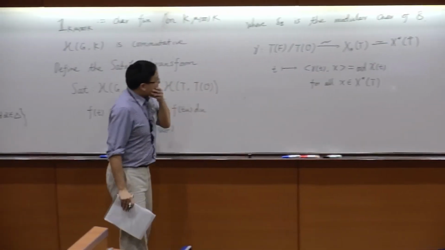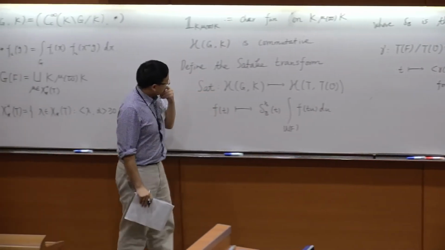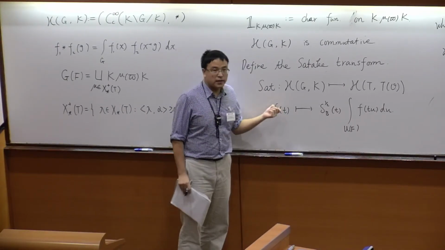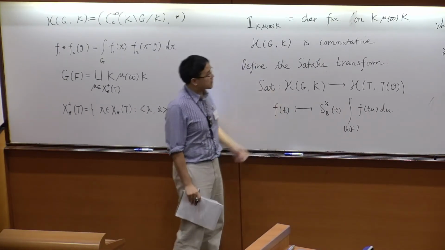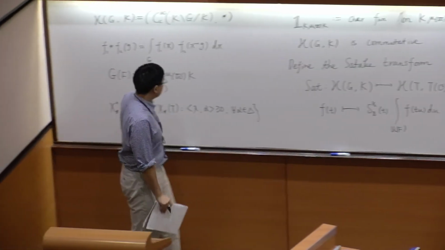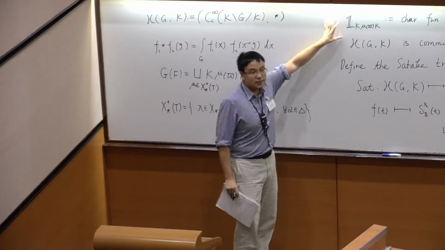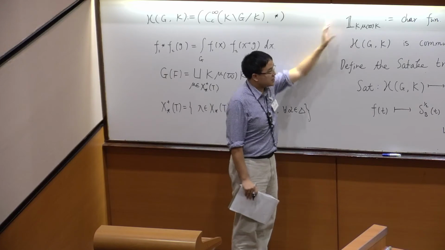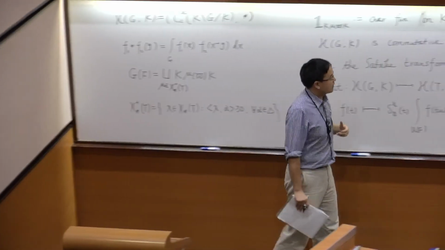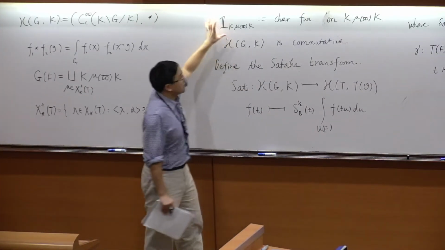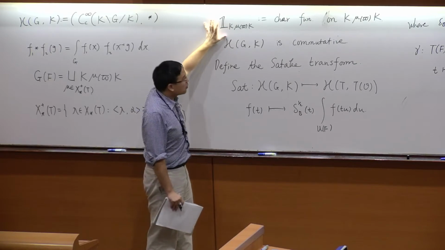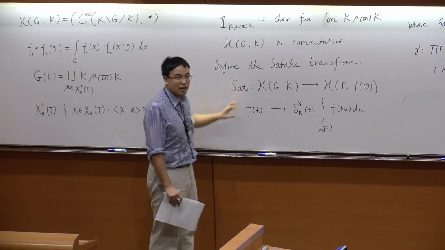And now let's give an example. For example, we have a basis for the Hecke algebra, which is the characteristic functions over the cosets right here. So we have those bases. What happens if we plug in those basis vectors instead of the Satake parameters?